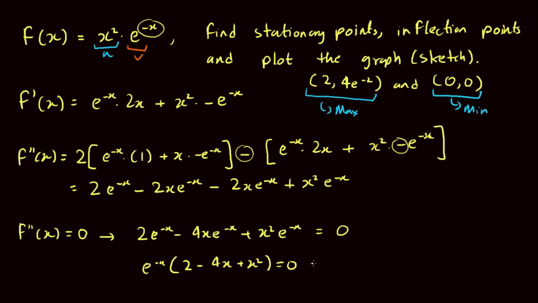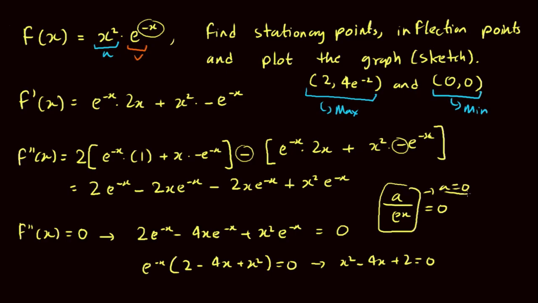Obviously it'll only allow us to have x squared minus 4x plus 2 equals 0, because if, for example, a over e to the power of x equals 0, the only way for this to be true is if a equals 0, right? So that's the logic behind that. That's why I only accepted the quadratic formula.